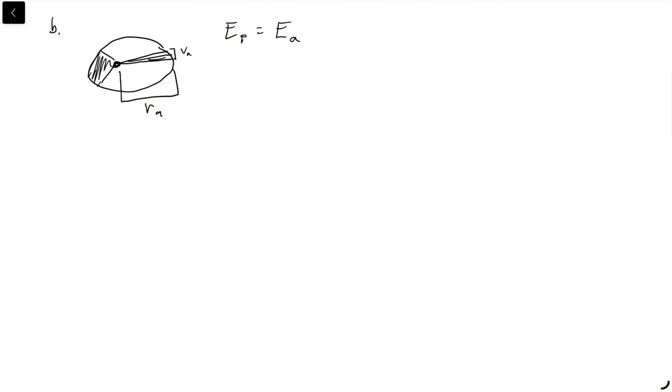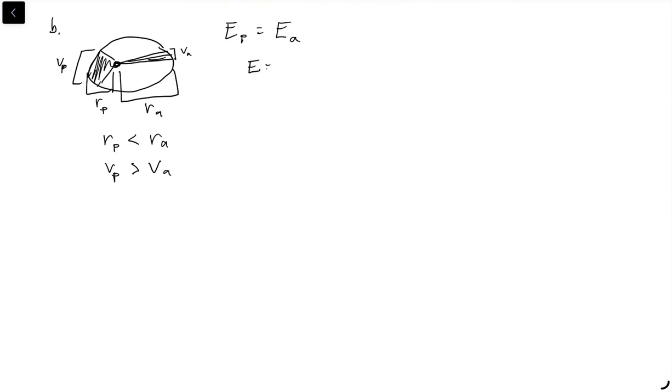These areas are equal. So again, let me reiterate that a smaller distance from the sun equates to a larger orbital speed. So if the r of the perigee is less than the r of the apogee, then the v of the perigee is greater than the v of the apogee.